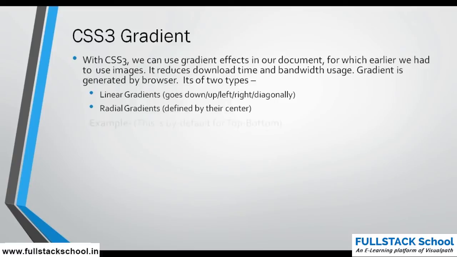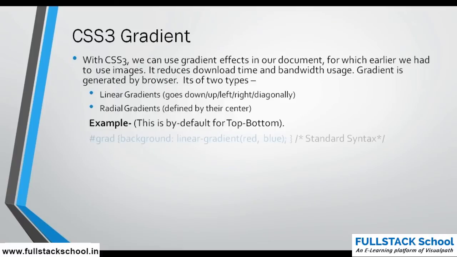So moving next, here is an example. This is the default for top to bottom. To make it a gradient, we need to use this standard syntax, where grad is a short form of gradient, then the opening bracket, and under that, background: linear-gradient, then define the color you need.